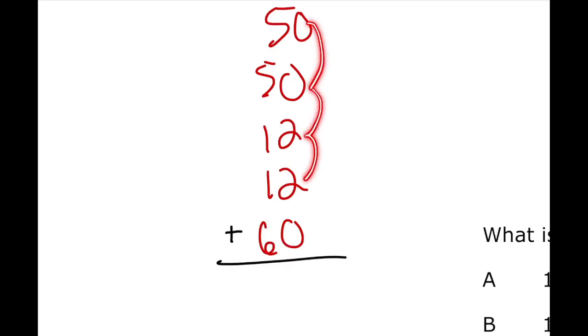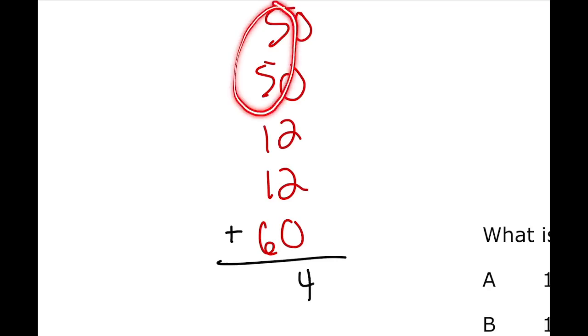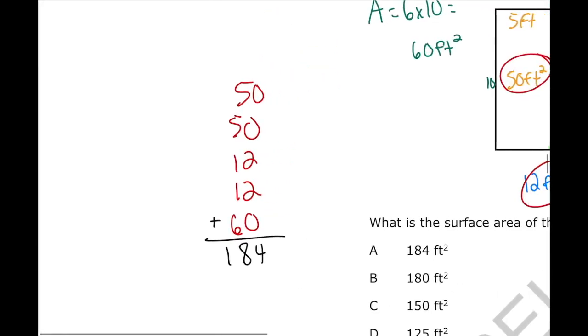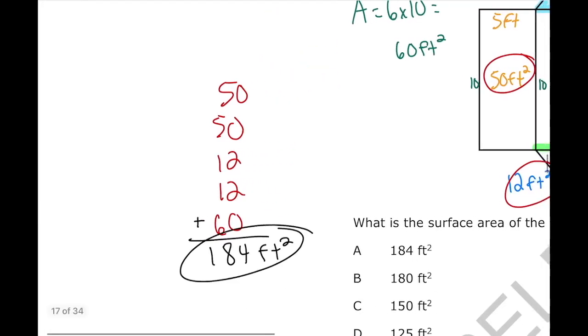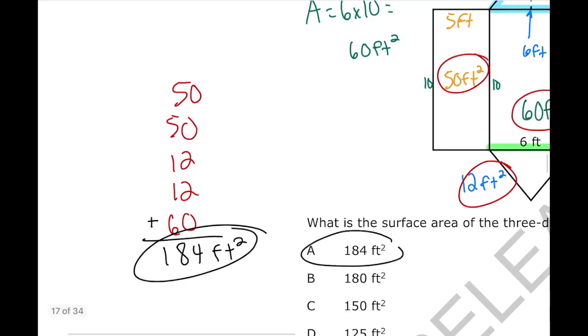Zeros plus 2 plus 2 plus 0, that gives me 4. And then we have 5 and 5 make 10. 11, 12, plus 6 equals 18. So 184 feet squared would be the total surface area. And that is answer choice A.